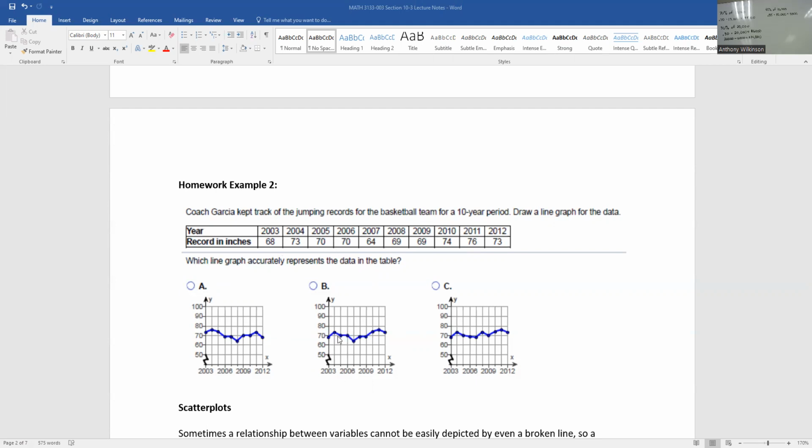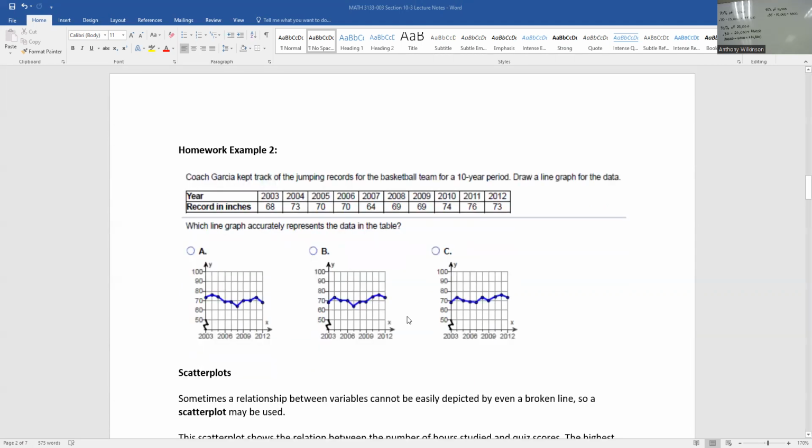So it's flat at 70 and then drops to 64, goes a little bit back up to 69, stays at 69, goes up to 74, goes a little bit up to 76, and then falls to 73. So it'll be graph B for this one. All right, questions on this example 2, dealing with line graphs and how to answer questions regarding those line graphs.